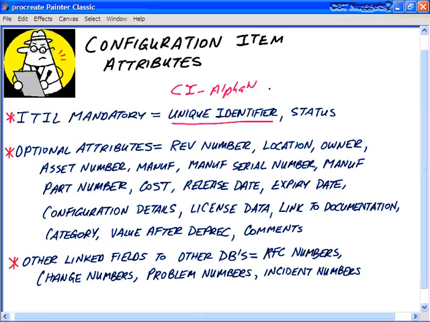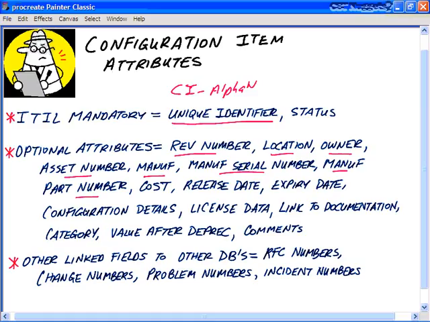It depends on what type of configuration item it is, what type of IT service it's related to, whether it's software, hardware, or a service, that dictates which attributes you're going to use. Some of the attributes might be revision numbers, used on software and hardware, the location, owner of the software, owner of the component, asset number, the manufacturer, which would apply to hardware, manufacturer serial number, manufacturer part number.